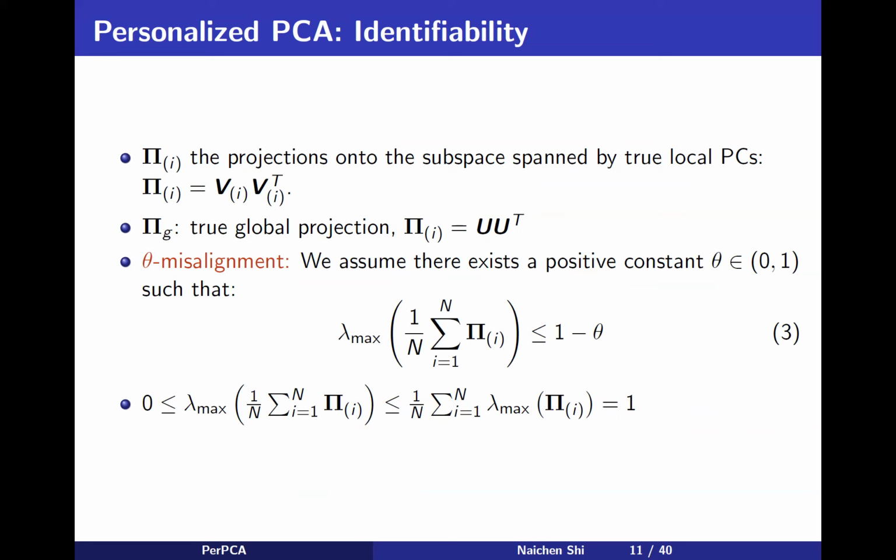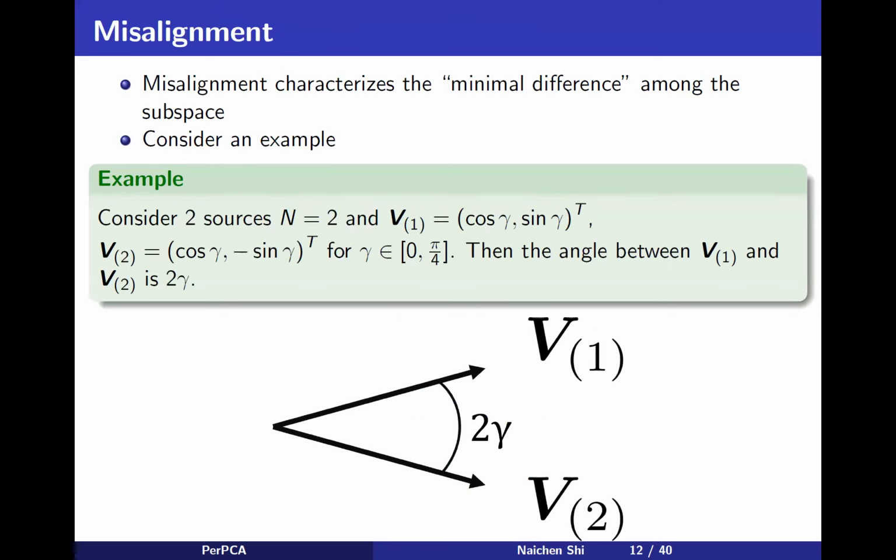We can prove that theta is always a constant between 0 and 1. Why do we call it a misalignment parameter? We can see this through a very simple intuitive example where there are only two sources, 1 and 2, and each source has only one local PC, V1 and V2.